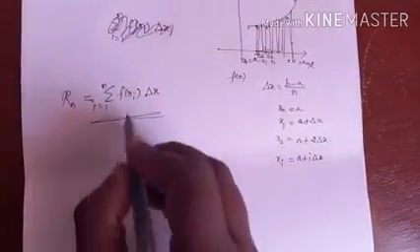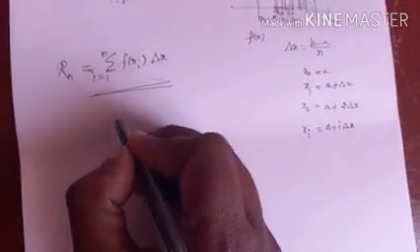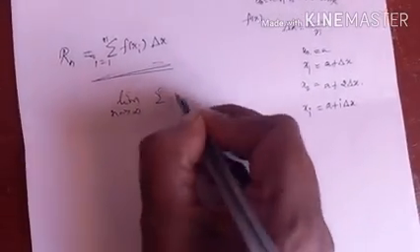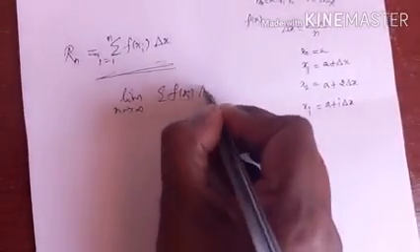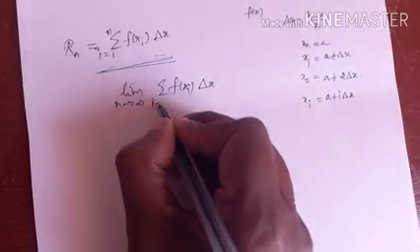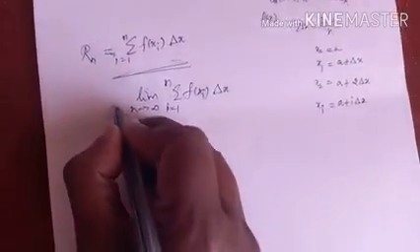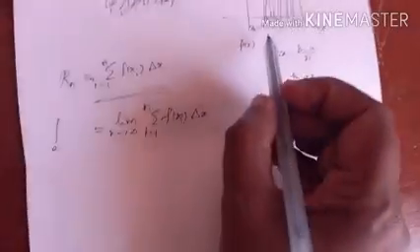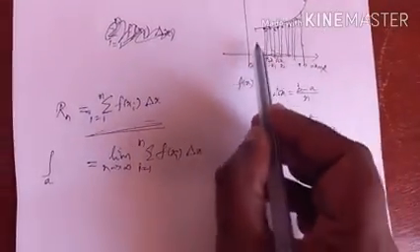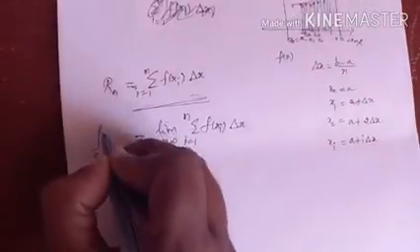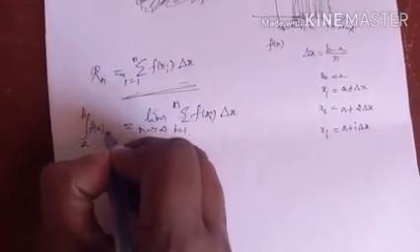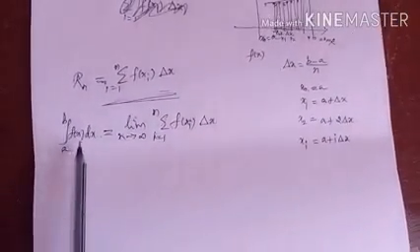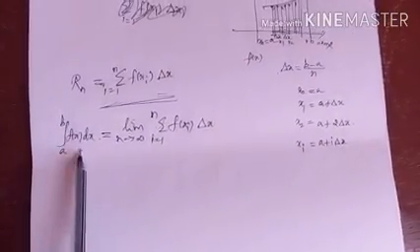So when n is large, when limit n tends to infinity, summation f of xi into delta x, where i takes values from 1 to n, gives the area under the curve from a to b, that is integral a to b f of x dx. So using Riemann sum, we can evaluate the integral.